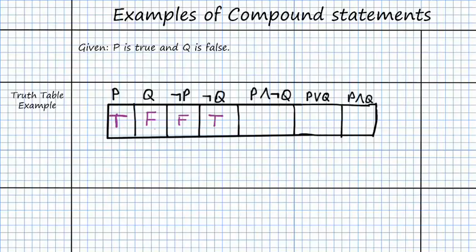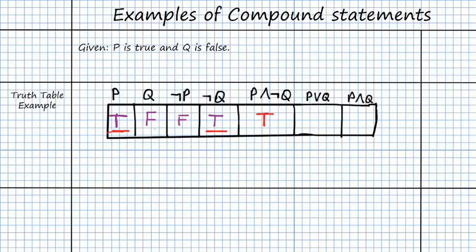So we say P and not Q. Now, instead of having to think about the statements themselves, we go here, we look at P, and we go here and we look at not Q, and we can write that both of them are true, and we know that conjunction requires that both statements are true to be true. Therefore, my conjunction of P and not Q is true.